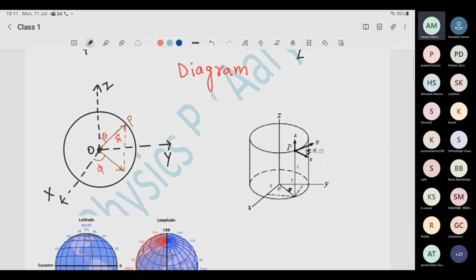R is the distance from the origin to this point P. If we imagine a sphere, an imaginary sphere, then the radius of this sphere will be R, and point P will be on the surface of the sphere. We connect our origin O to point P with the distance R, and now we imagine a sphere of radius R and our point P is on its surface.